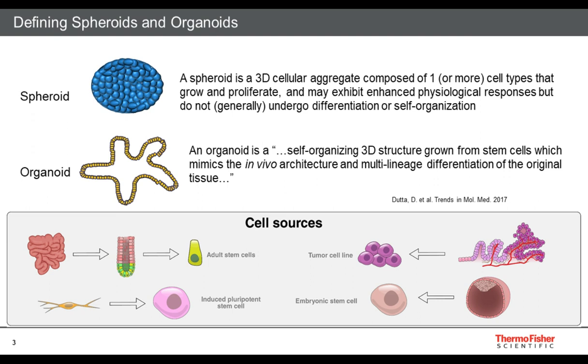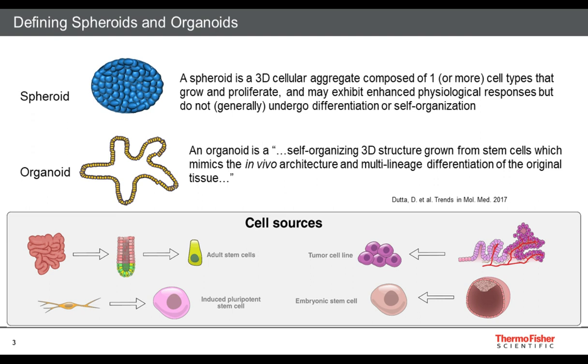A spheroid is a 3D aggregate composed of one or more cell types that grow and proliferate, although not all models necessarily will proliferate. They also often exhibit enhanced physiological responses, and may or may not go through more complex processes of self-organization and differentiation.